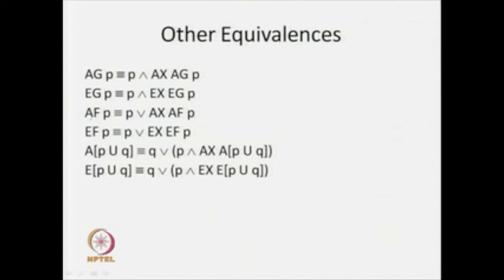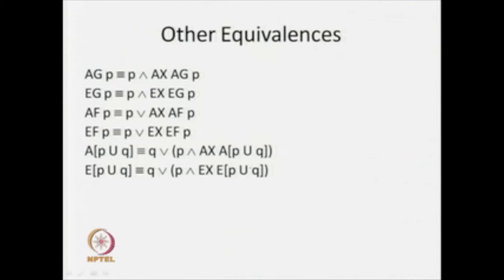Okay. And A f p is equivalent to P or A x A f p, E f p is equivalent to P or E x E f p, and A p until q is equivalent to Q or P and A x A p until q. E p until q is equivalent to Q, or P and E x E p until q.